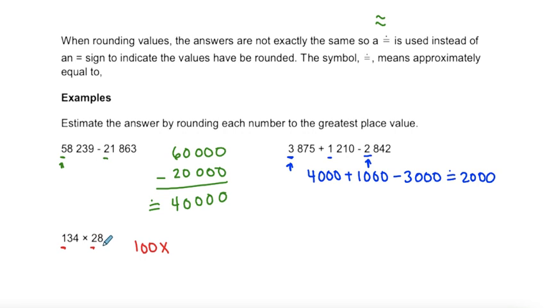The number to the right of that is larger than 5, so I'm rounding that up to 30. 100 times 30 is 3,000. So that's 1 times 3 and then 3 zeros. I also want to make sure that I include that dot above my equal sign because this is an approximation, it's not the actual answer.